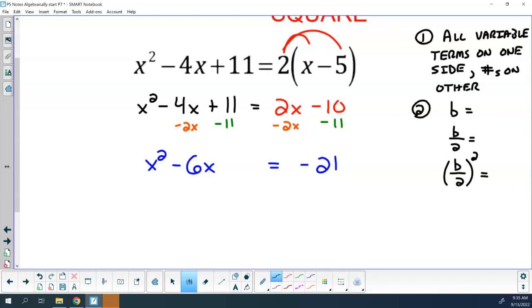Remember, b is your linear coefficient. So my b here is negative 6. What would negative 6 divided by 2 be? Negative 3. What would negative 3 squared be? Positive 9, right?